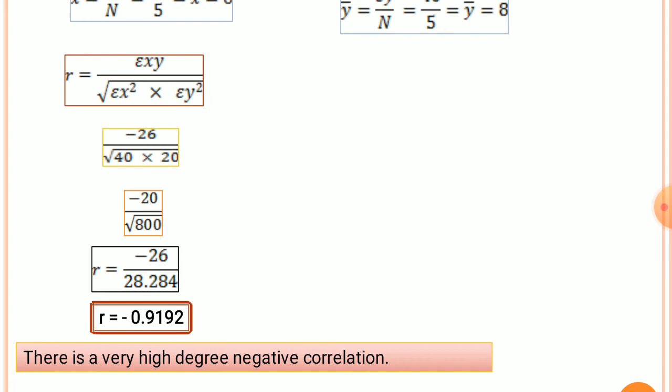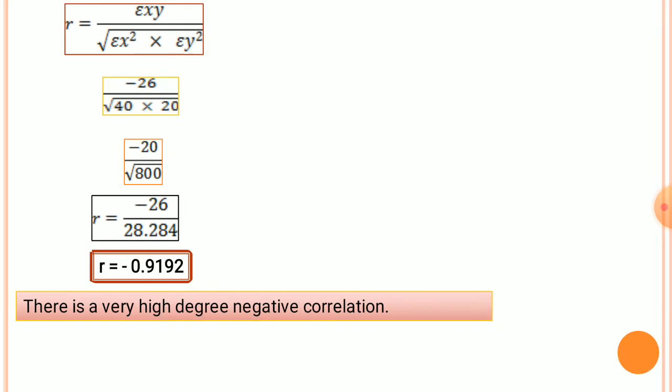28.284. Therefore minus 26 divided by 28.284 is 0.9192. That's what r is equal to: minus 0.9192. This is a high degree of negative correlation, because it is more than 0.90.